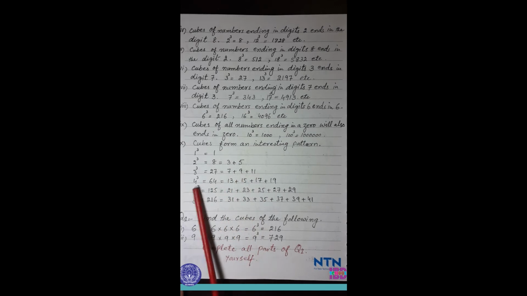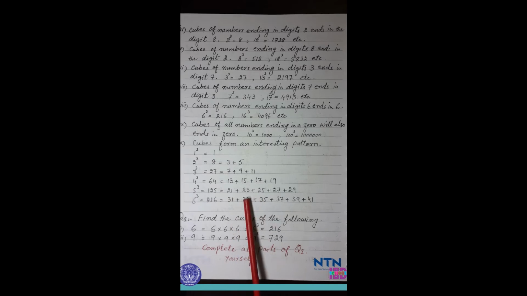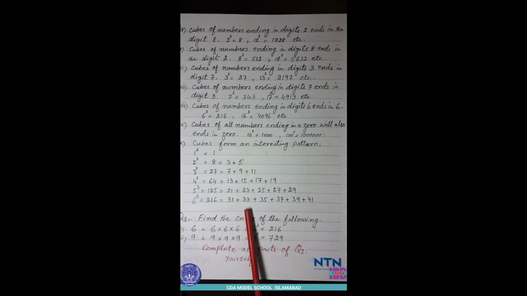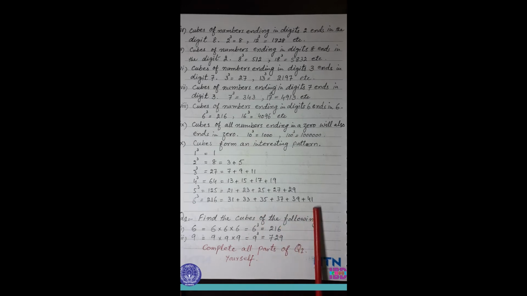Here 4 cube is equal to 64, which is the sum of 13, 15, 17 and 19. 5 cube is equal to 125, which is the sum of 21, 23, 25, 27, 29. And here 6 cube is equal to 216, which is the sum of 31, 33, 35, 37, 39, 41.